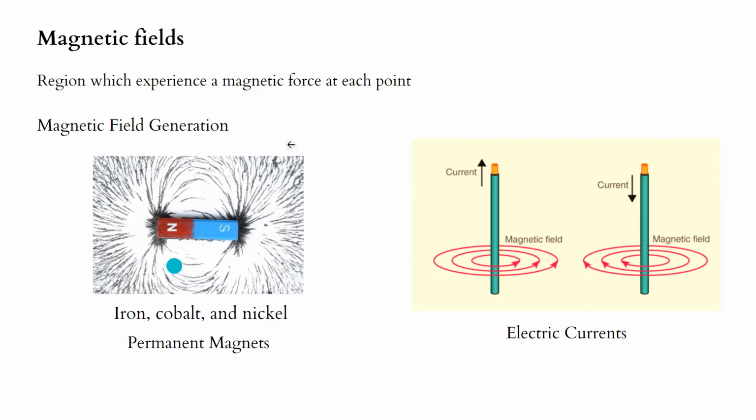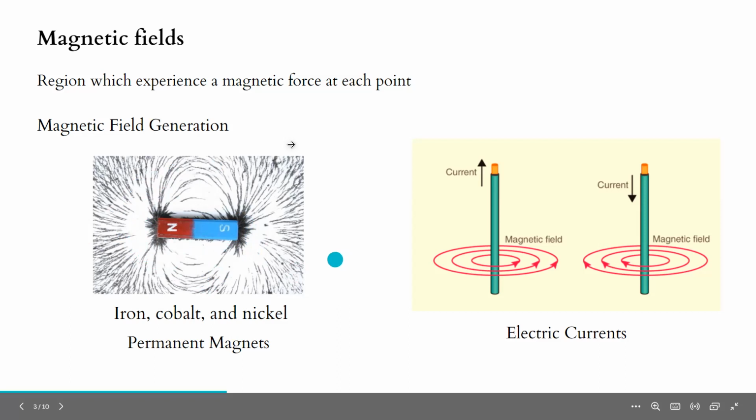We can see the metal powder forming certain lines from the north pole towards the south pole. The force generated around the permanent magnet causes these metal filings to form in that certain manner.